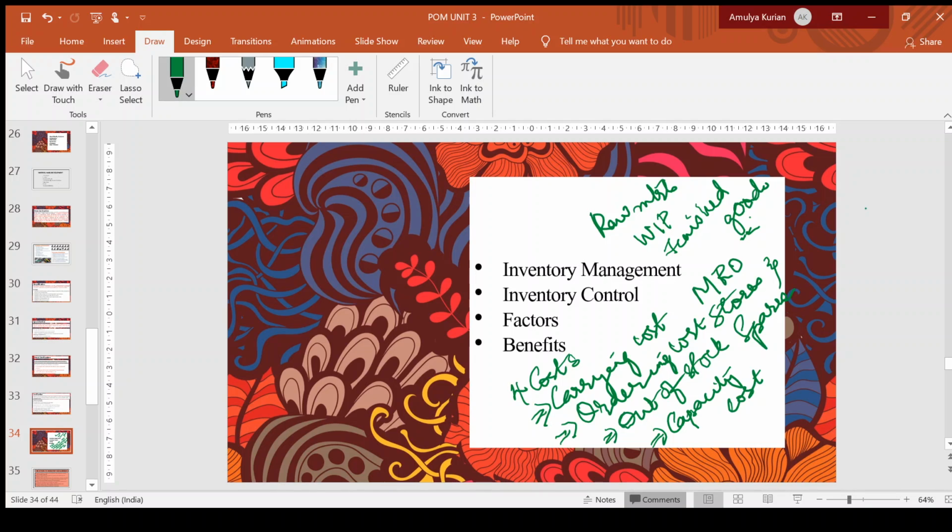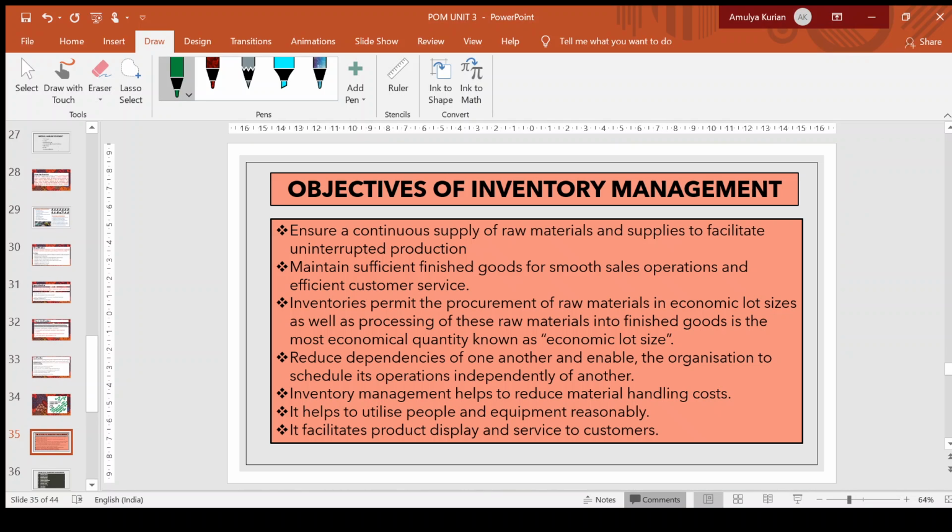Now, let us see what are the objectives of inventory management. Basically, inventory management helps in a continuous supply of raw materials and supplies, which facilitates uninterrupted production. Second, maintain sufficient finished goods for smooth sales. If we have finished goods whenever sales happen, you will be able to replenish, giving good customer satisfaction and efficient customer service.